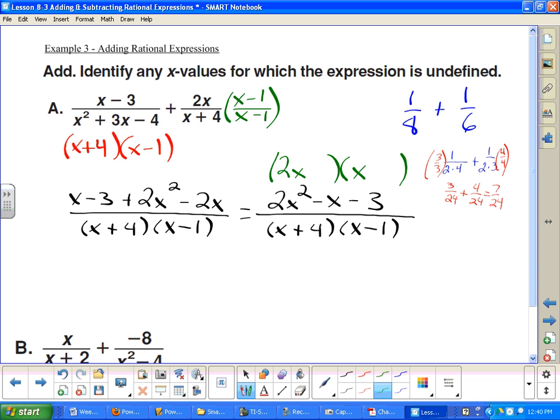These two numbers can only be 1 and 3, but which one goes where? Which one's positive, which one's negative? Okay, Alyssa says 2x minus 3 and x plus 1. Does everybody agree with that?